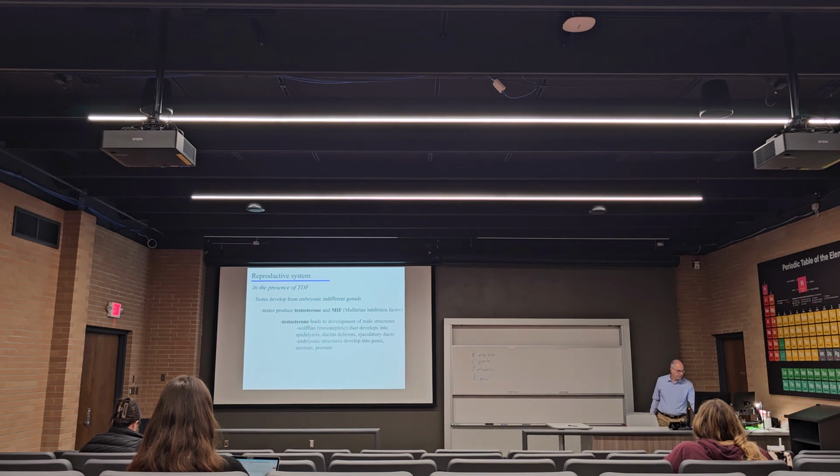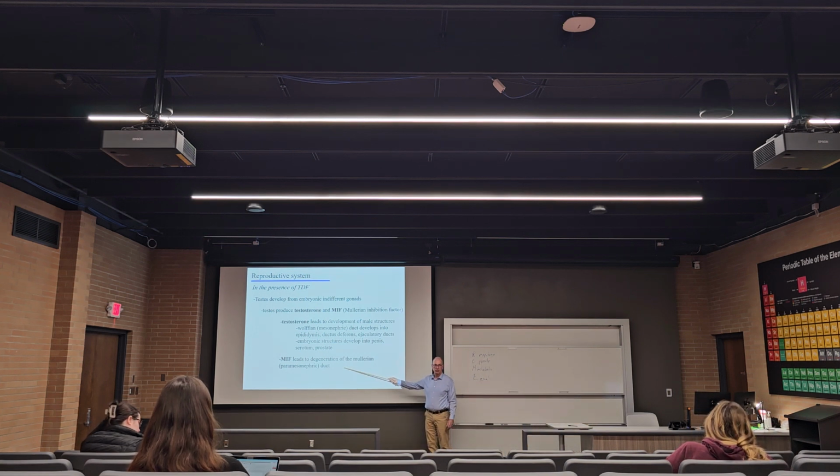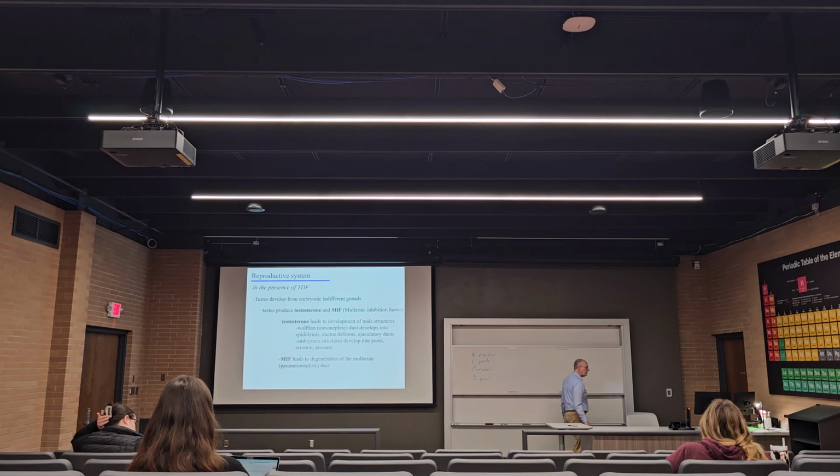The MIF turns off the Müllerian duct system. It turns off the female structures. So again, we see degeneration of the Müllerian ducts due to the MIF being produced. And again, this is in the presence of TDF.